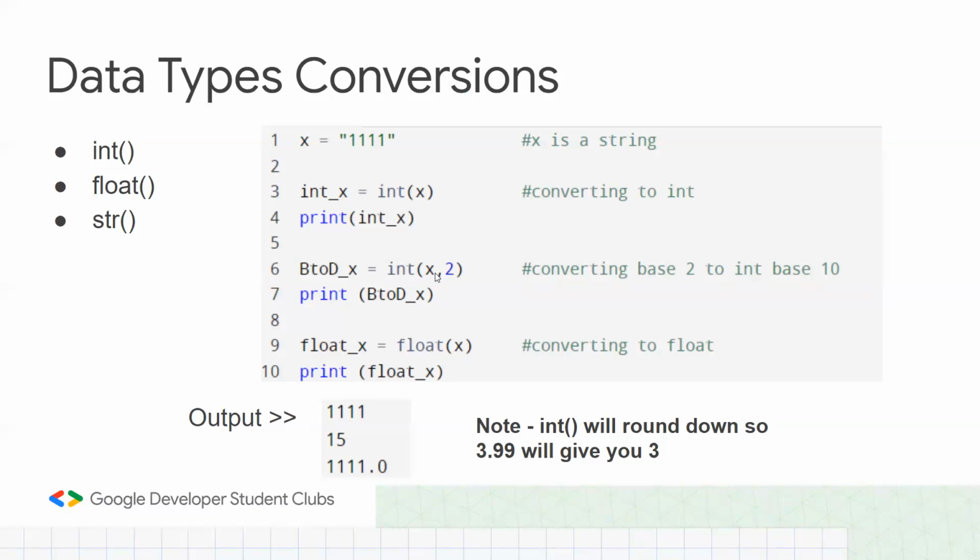And if you have the second parameter as 2, it's saying that this number is in base 2, which means this number is binary, which is a completely different type of number. And if you convert this binary number back to normal decimal numbers, which are base 10 numbers, then it'll output 15. So you treat it as a binary number rather than a normal decimal number.